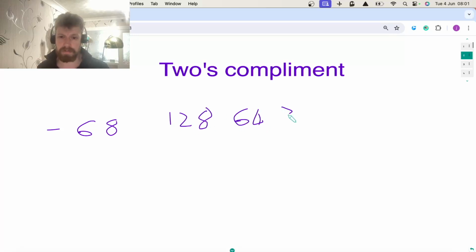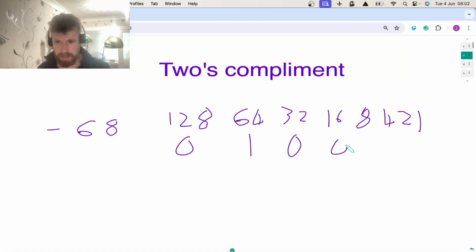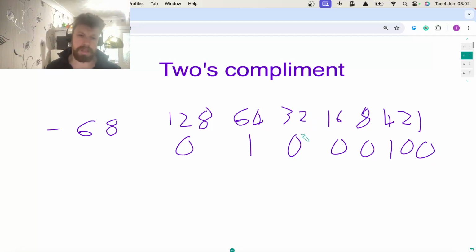So write all your numbers down. That's step 1. Then you just convert it into a normal binary number, so that's going to be 0 1 0 0 0 1 0 0. That's 68 as a positive number.